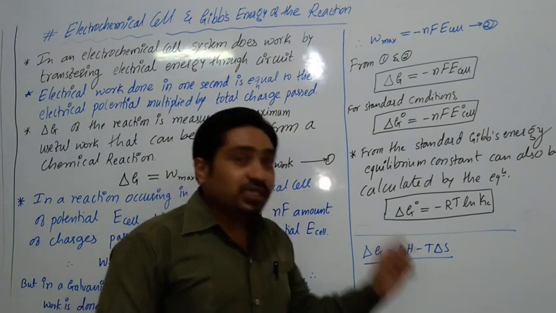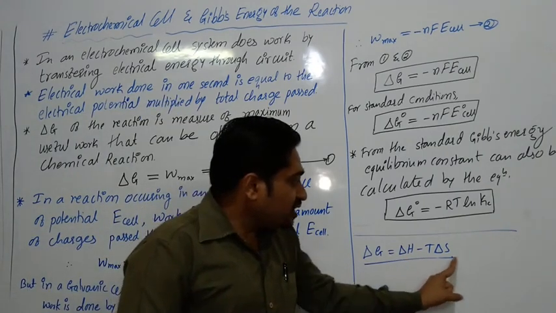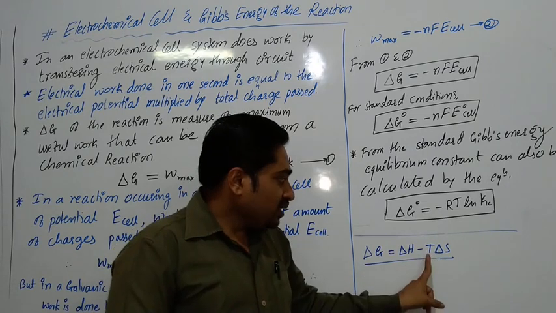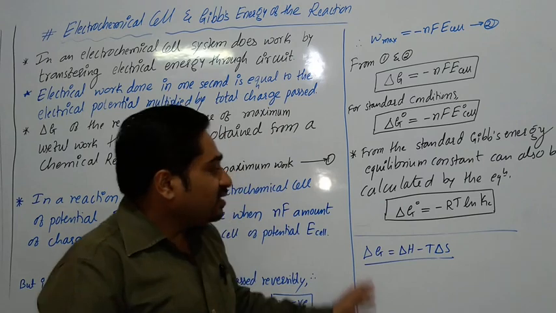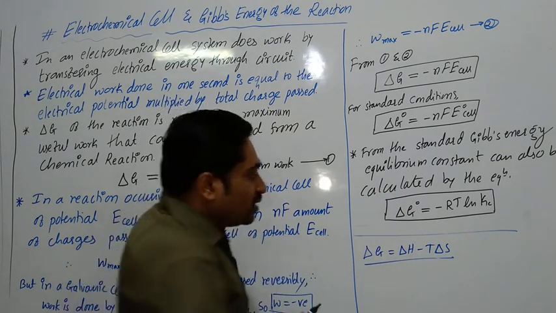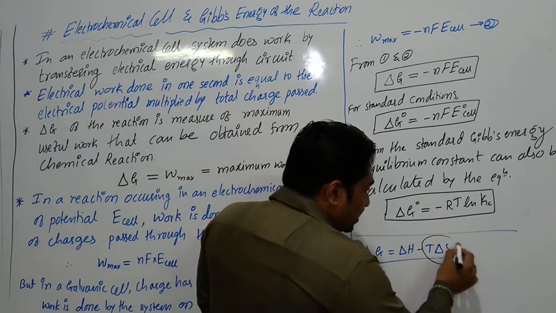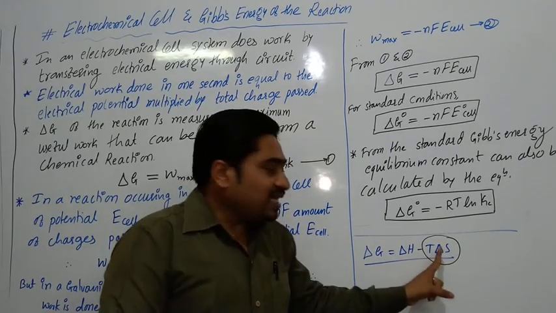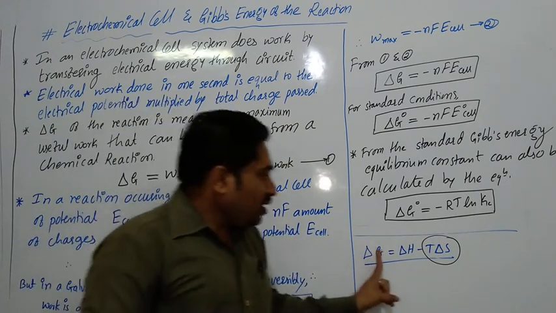From that total energy, the amount T into delta S is subtracted. That remaining energy is called Gibbs free energy. T into delta S is the amount of energy retained by the system.